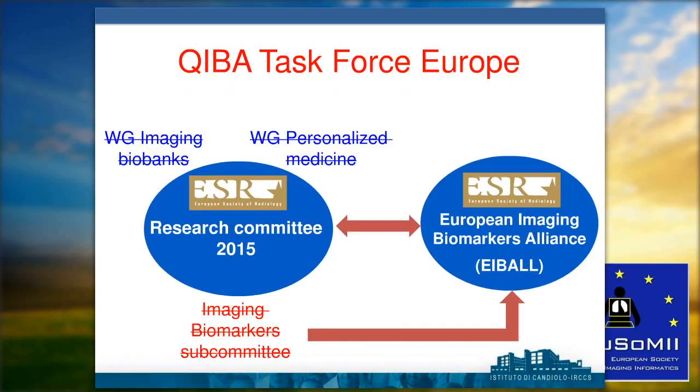And eventually, at least in Europe, all these subcommittees were put together in one large alliance, which is called the European Imaging Biomarker Alliance, or EIBALL, that has to deal with this.